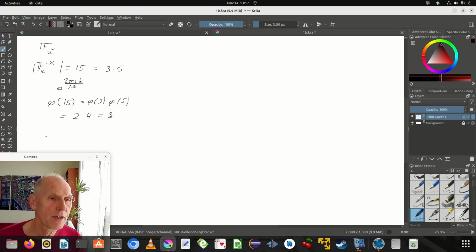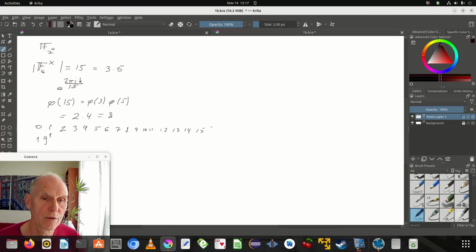So let's have a generator here, and the unit element, oh, this is unity once again. Now, g to the second will be a generator. G to the third will have order 5. Generator.